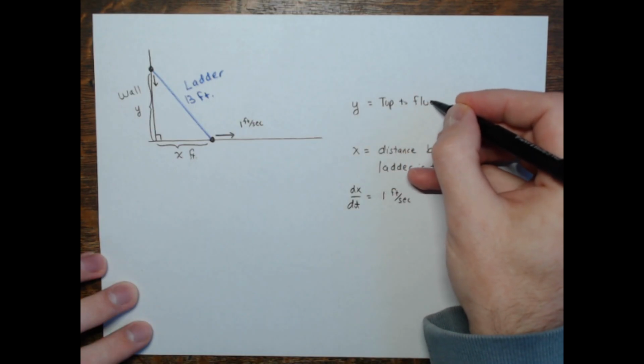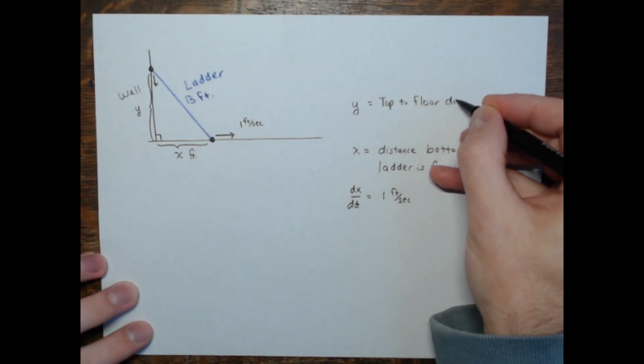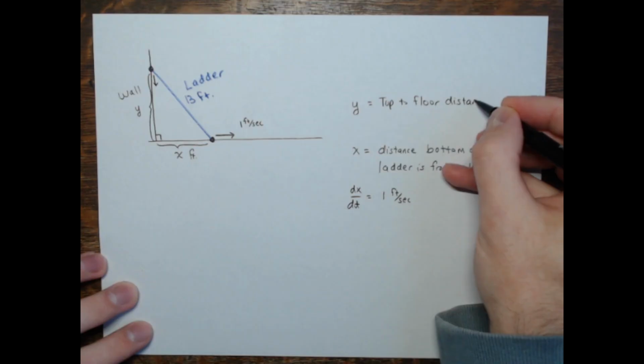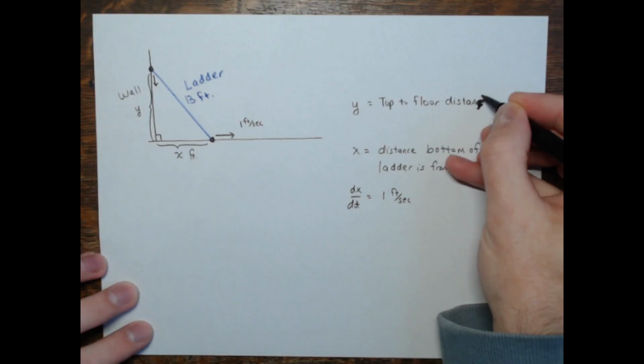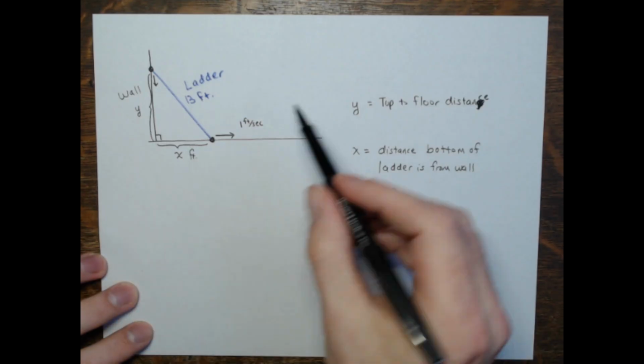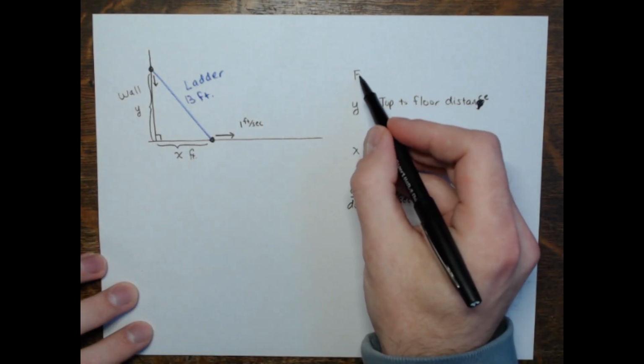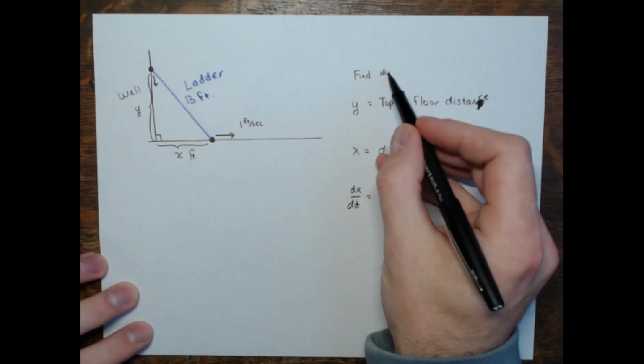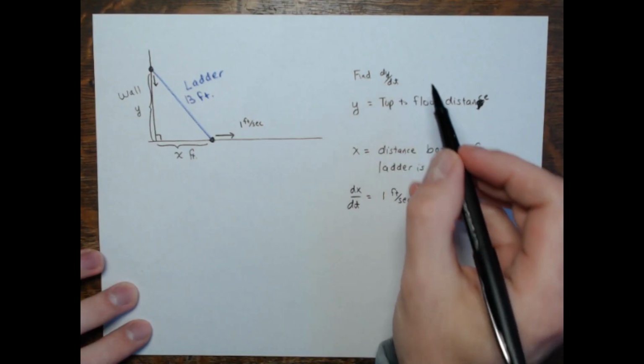I'll just say top to floor distance. Again, clearly changing. So we have to find, again, dy/dt.